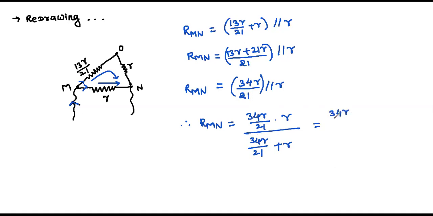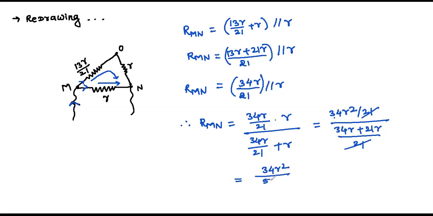34R square divided by 21, and this is how much? 34R plus 21R divided by 21. This 21 cancels. So how much are you getting? 34R square divided by, I think 55.